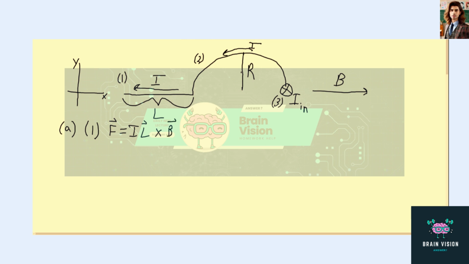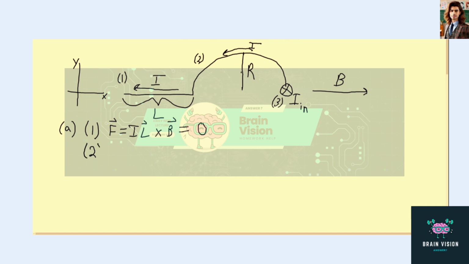Here we see that the current and the magnetic field are both in the x direction. One's pointed in negative x, the other in positive x, but since they're both along x, this is going to be 0, since the cross product between two vectors pointed in the same direction is 0. So now we can move on to part 2.